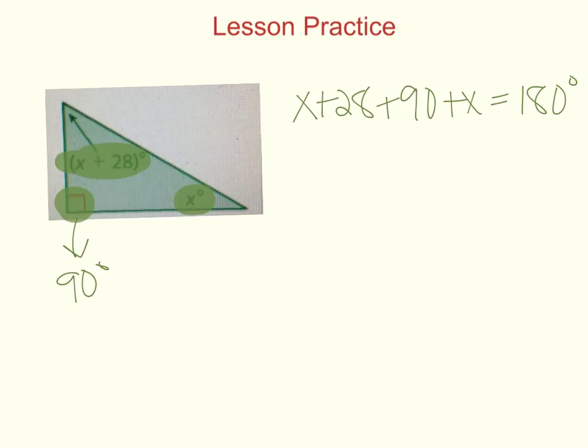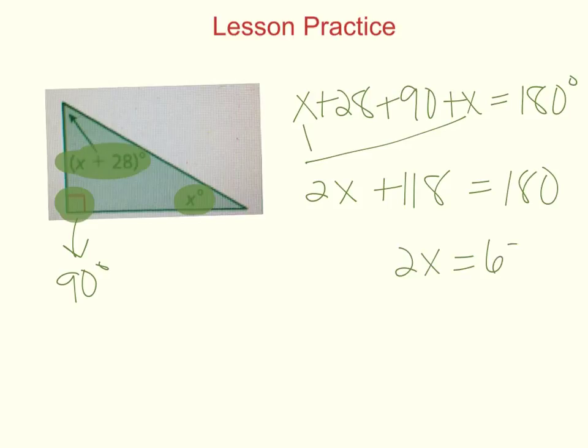So we're going to go ahead and solve our equation here. We know that x plus x is going to give us 2x, and we know that 90 plus 28 is going to give us 118, is equal to 180. Subtract 118 on both sides, you get 2x is equal to 62.